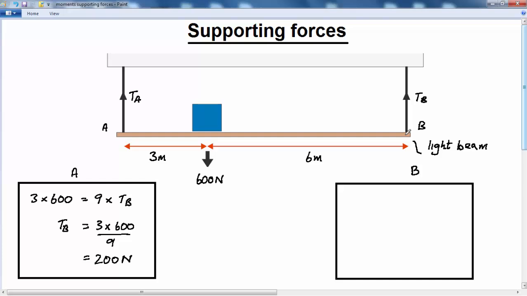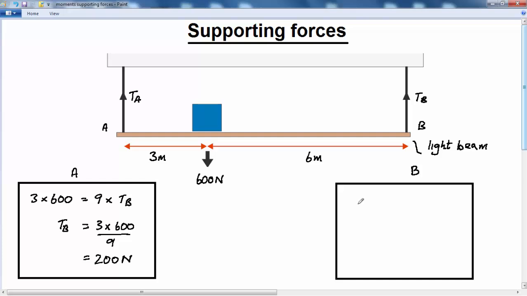Now then, we can repeat the procedure for point B. We can say that point B is now the pivot, and we can calculate the moments around point B. So doing that, we have an anti-clockwise rotation around point B produced by the weight 600 newtons acting this way.